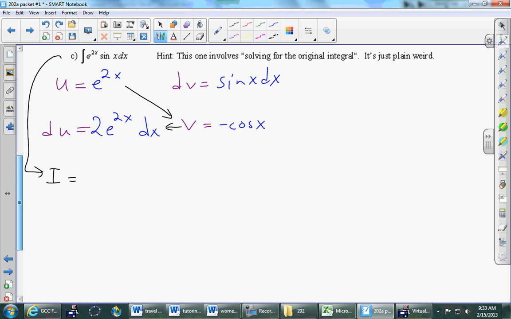And let's go ahead and write what we get according to the formula. So just write out that formula with these pieces. Don't forget the minus sign and the integral sign.